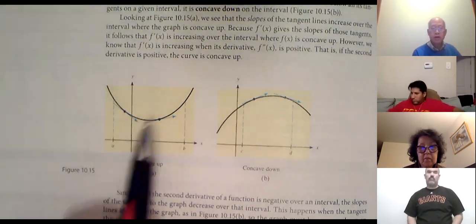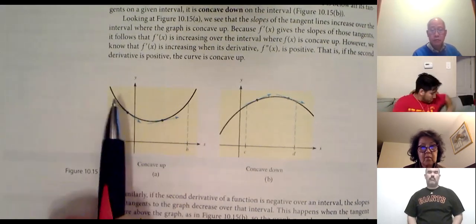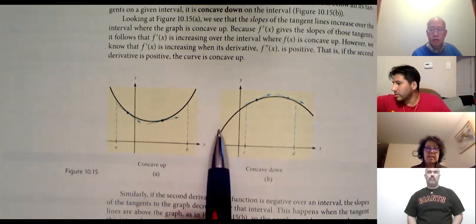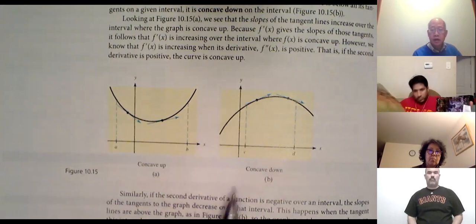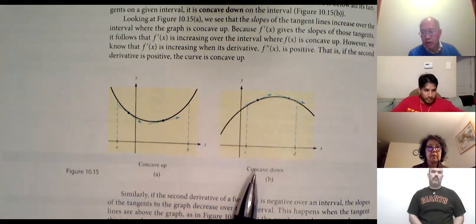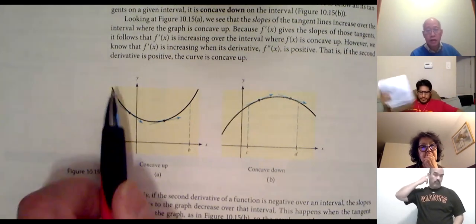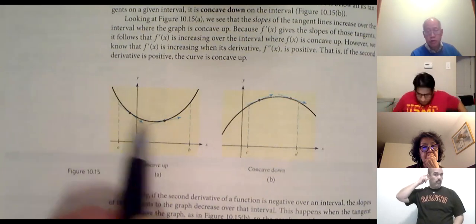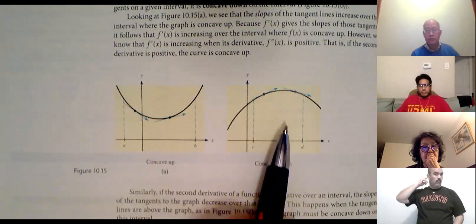If a graph is curving like a U shape, that's called concave up. If the graph is curving like an upside down U, we're going to call that concave down. There's a very easy way to remember: U is for up, the letter U, concave up, U shape. So upside down U is considered concave down.